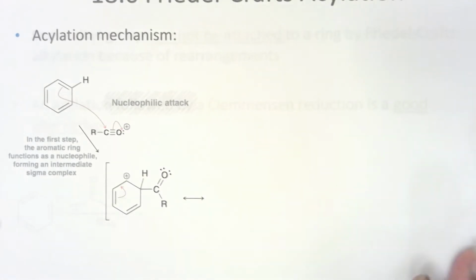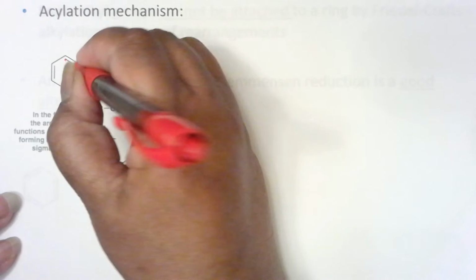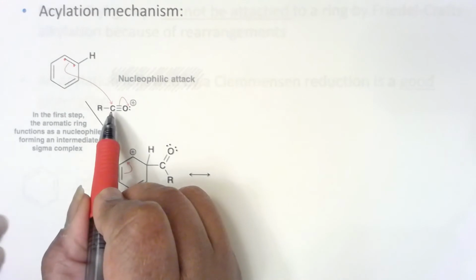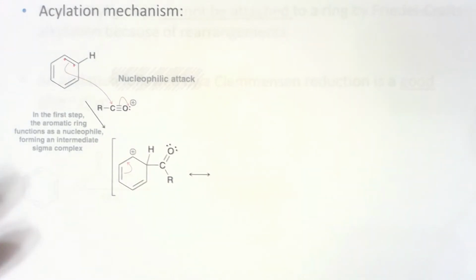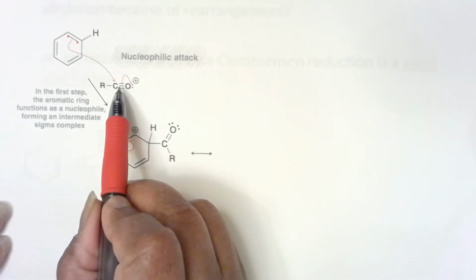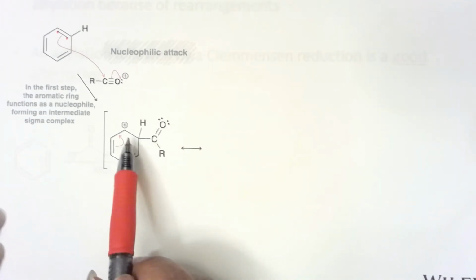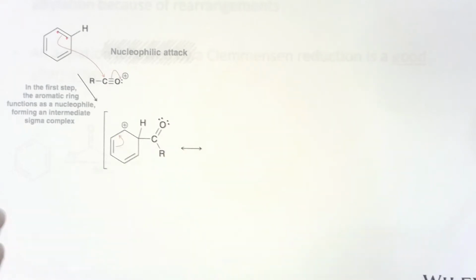And the first step is where the electron pair from the pi bond moves to bond with the carbon of the acylium ion. And then this pi bond moves over to the oxygen. So you have the keto group on the other side, and the carbon here gets a positive charge.